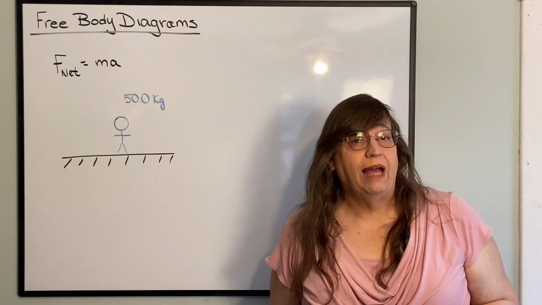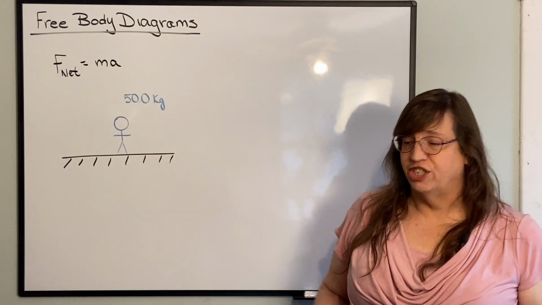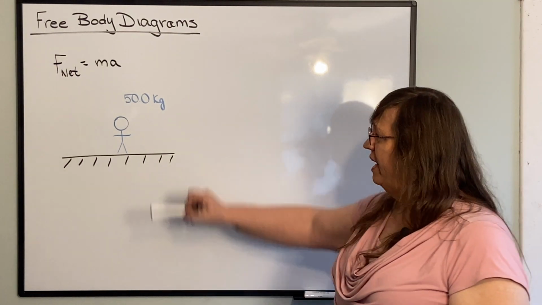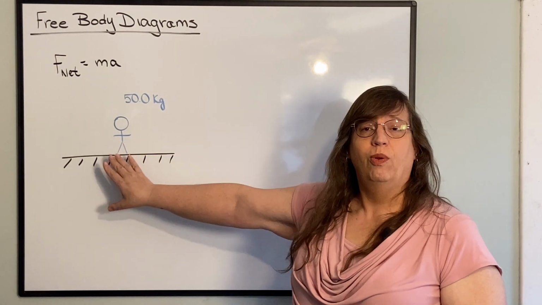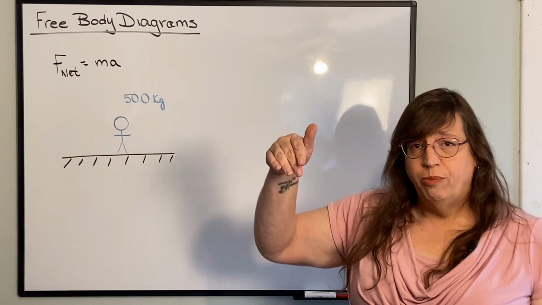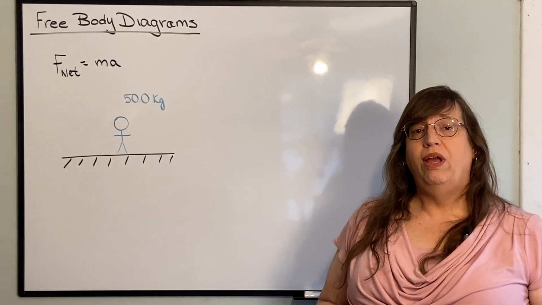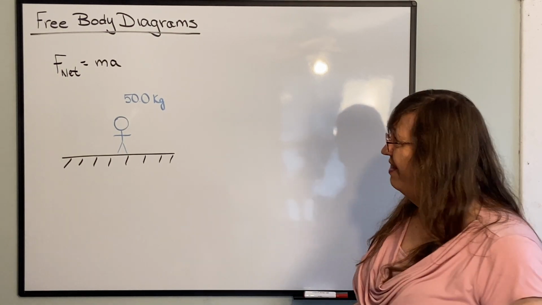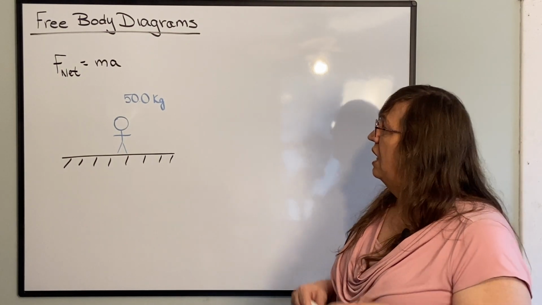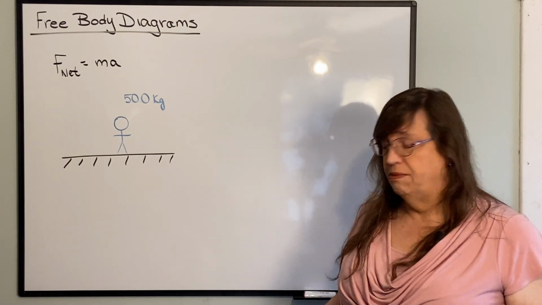And you'll see why I'm a physics teacher and not an art teacher right now. But this person is just standing on the floor. They're not being pushed through the floor. They're not being shot into space. So we know we've got some forces that are acting on this person because of Newton's laws.